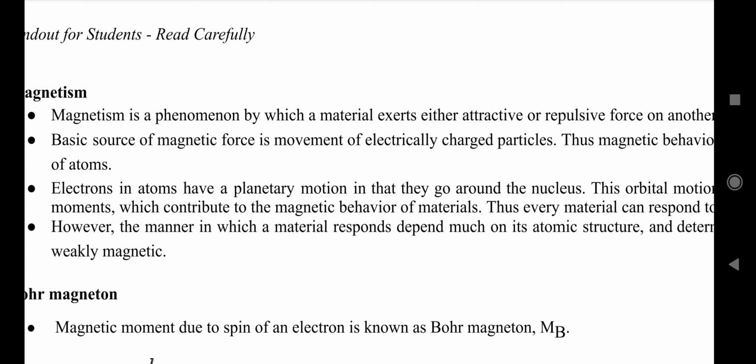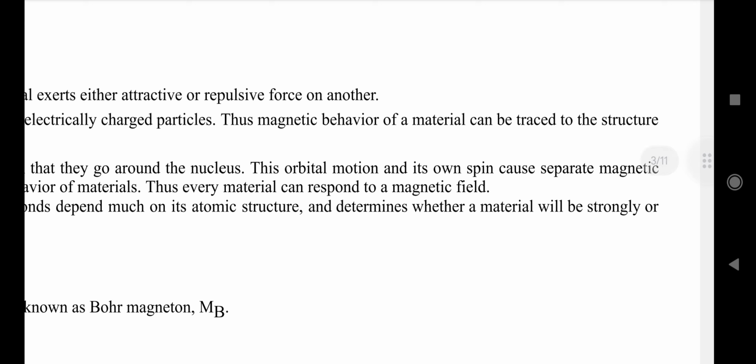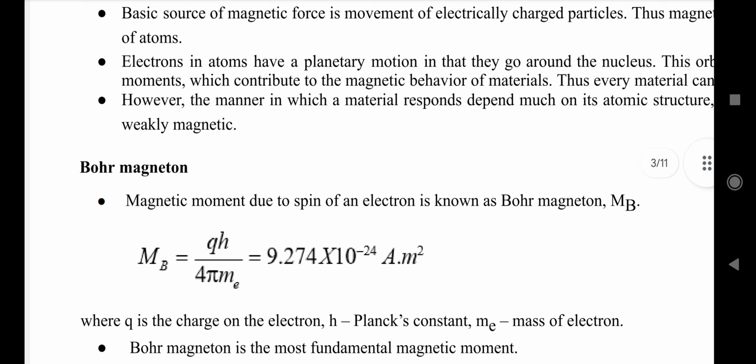However, the manner in which the material responds depends much on its atomic structure. For every material the atomic structure differs, and based on this you can say whether the material is a strong magnet or a weak magnet. What is the strength of magnetism for that particular material?